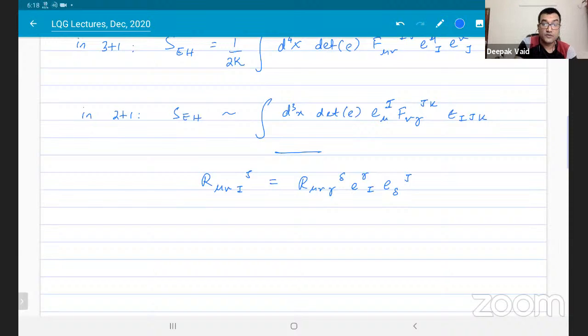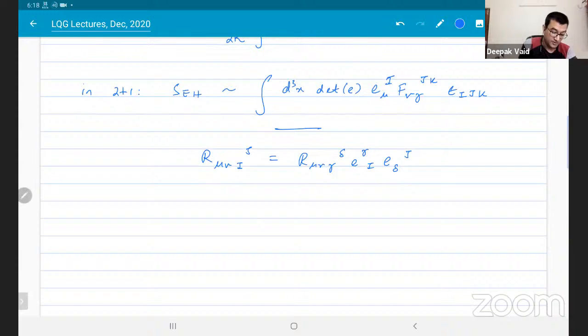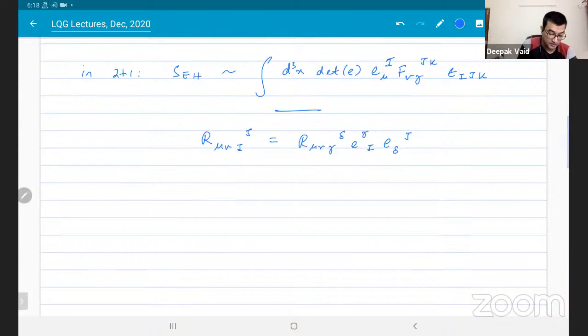Now if you want to define the volume element, how do we do that? Well, we can take the completely antisymmetric tensor epsilon ijk.